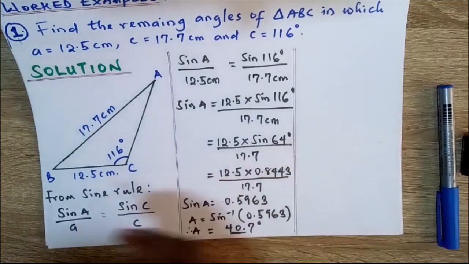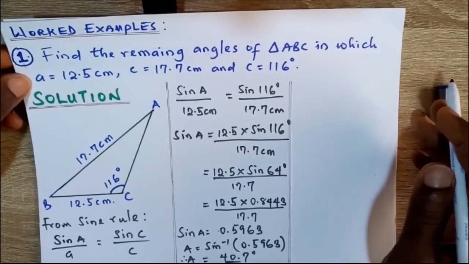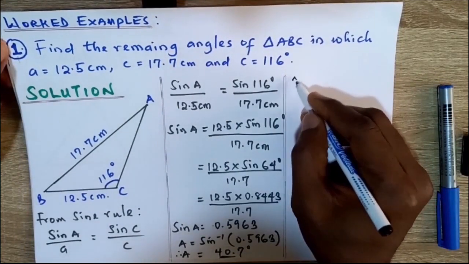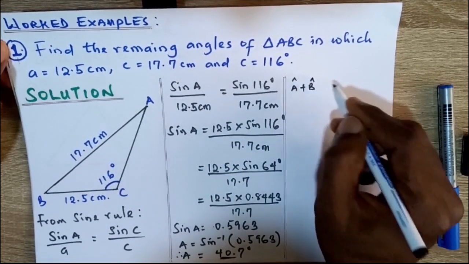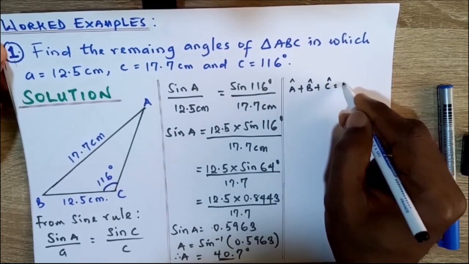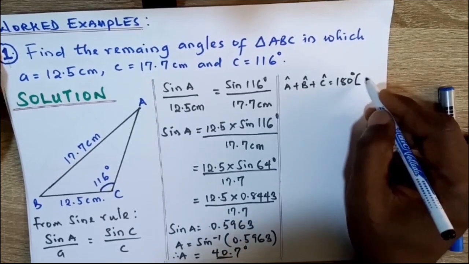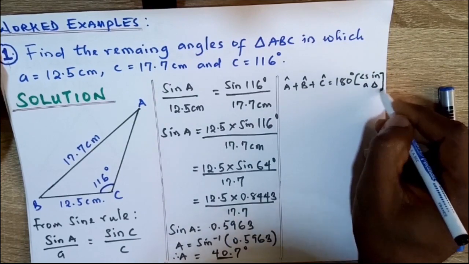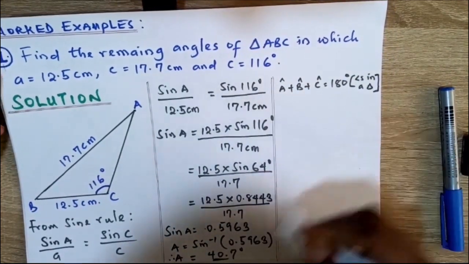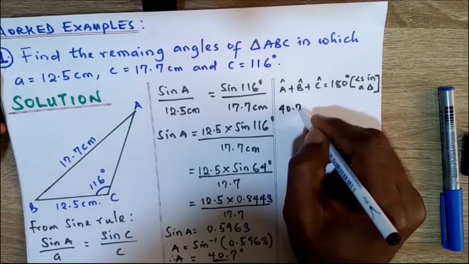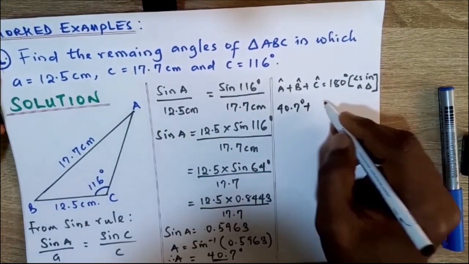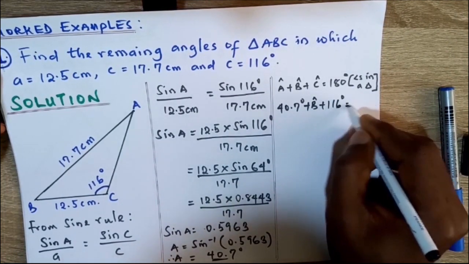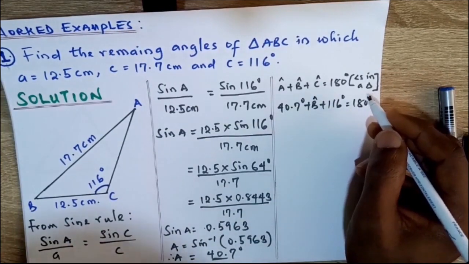So to find the angle at B, we can simply use a very important rule in geometry. It says that the sum of angles in a triangle is 180 degrees. So that rule is still applicable here. Angles in a triangle. Alright, so we have the angle at A now calculated as 40.7 degrees. B is the angle we are looking for, and the angle at C is 116 degrees, all equals 180 degrees.